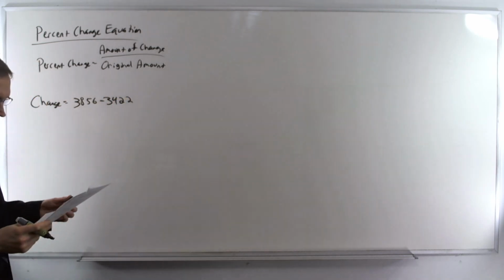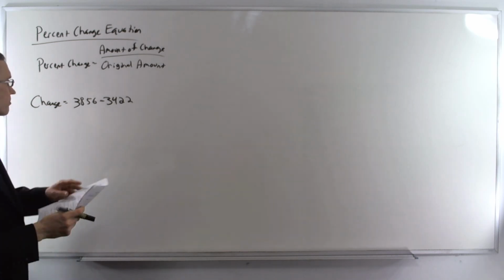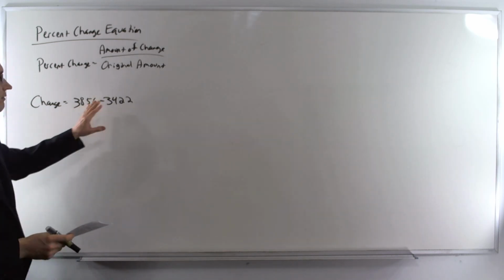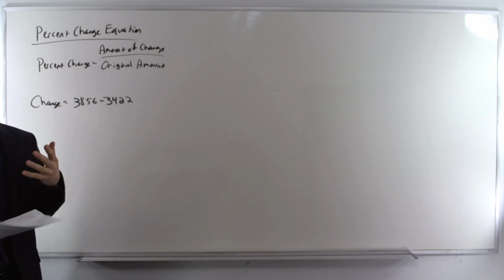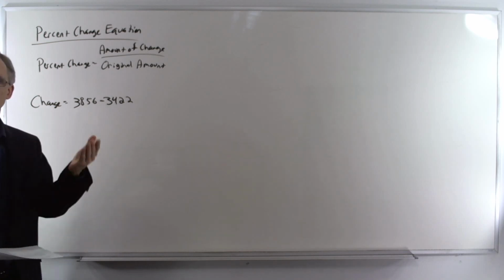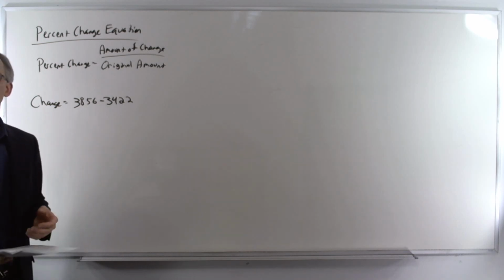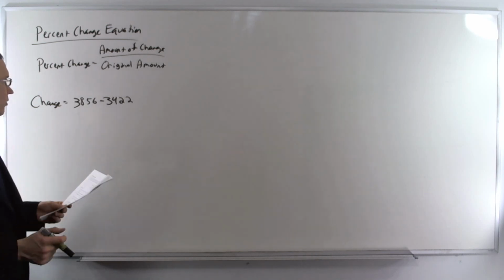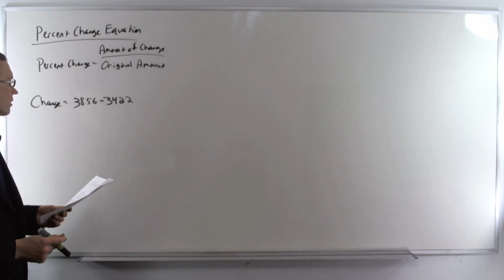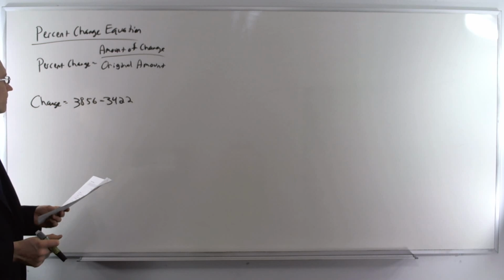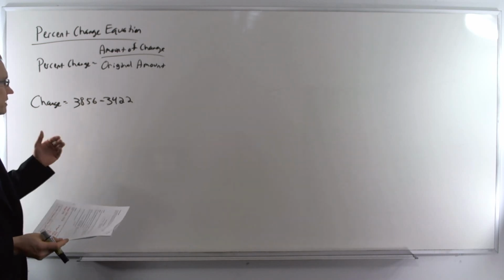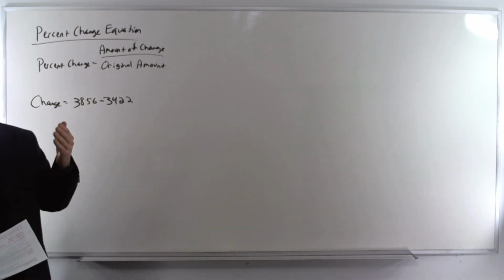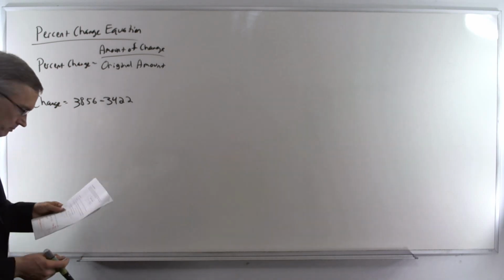Now you can always just subtract the smaller number from the larger number, and that will give you a positive value, and then you can just use the context to tell whether or not it's an increase or a decrease. The other way to think about it is to always subtract the old from the new, and if it's positive, it's an increase, and if it's negative, it's a decrease.